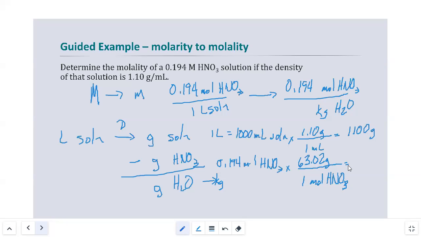So if I multiply that by 0.194 to 3 sig figs, I get 12.2 grams.